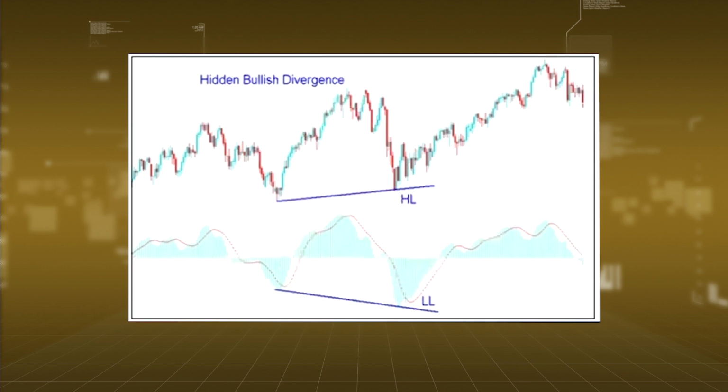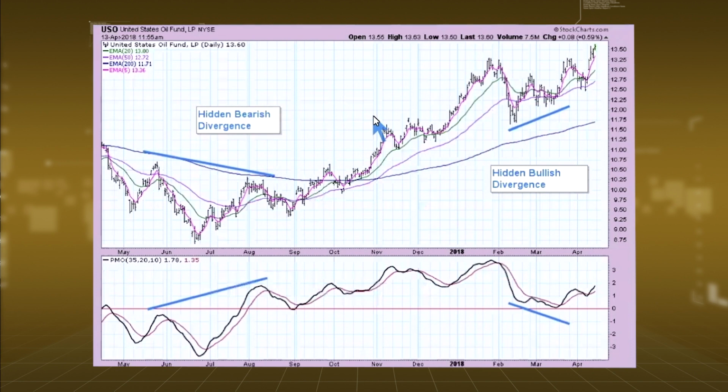In the hidden divergences, you're going the other way, which means what you're expecting is going to be different. You would think you've got lower lows on your indicators, so that seems like a negative connotation to it. But in actuality, because you've got the rising bottoms, that makes it a bullish divergence. Again, I know, kind of confusing here.